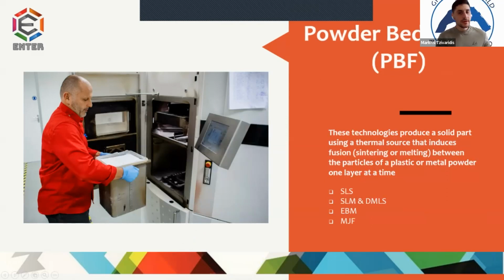The third type is the powder bed fusion method, the one that, as I said, is used in industrial 3D printing. The way it works is that a laser or an electron beam melts and fuses the material powder together.